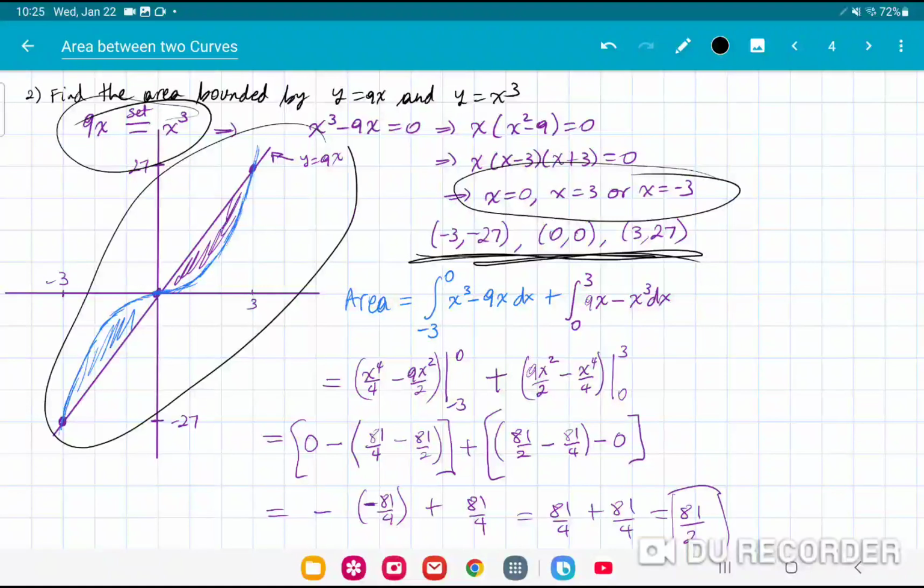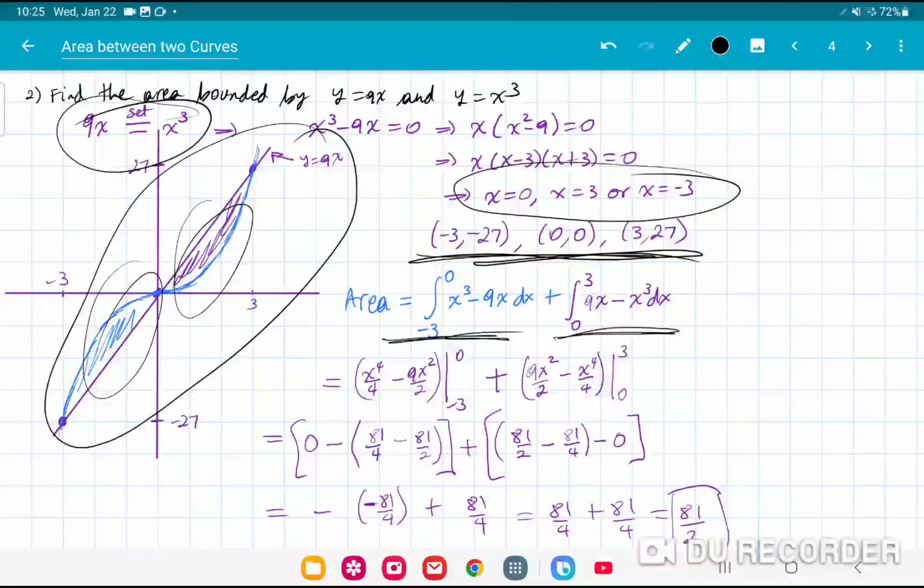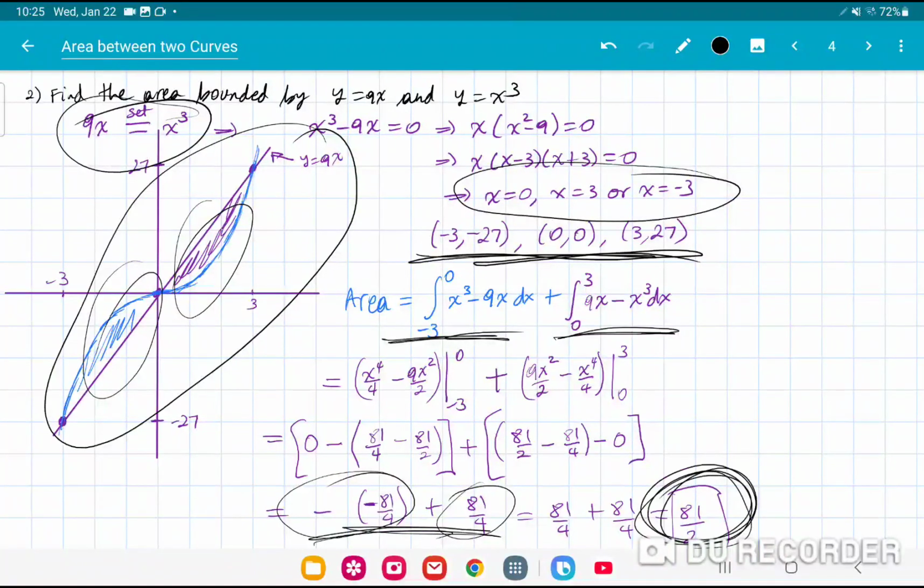So we did do the graph after finding the y components. Then in each section, we could do test points to figure out which one is the top and which one is the bottom. Okay, in each section. So compute the integral of each section separately. Once you get an answer for the first one, and an answer for the second one, add the two. That will give you the final answer.